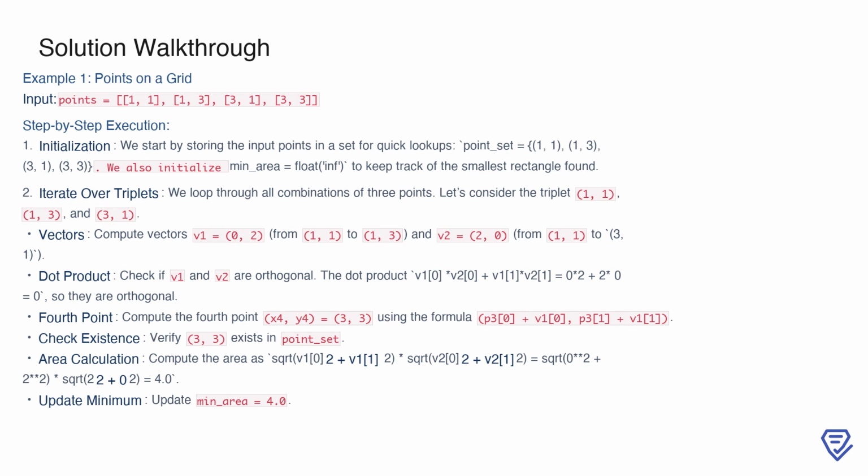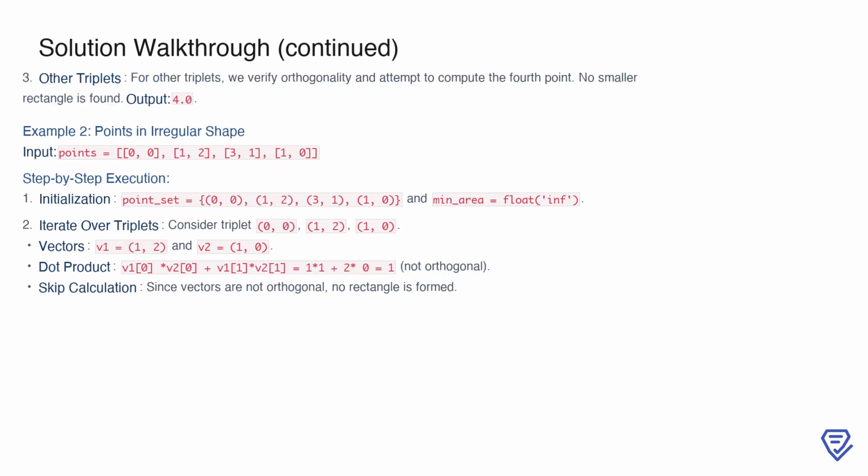The area in this case is 4, and since it is smaller than our current min_area, we update min_area to 4. For other triplets of points from the input, we repeat the same process, verifying orthogonality, computing the fourth point, and checking its existence in the set. However, in this specific example, none of the other triplets yield a smaller rectangle than the one already found, so the minimum area remains 4.